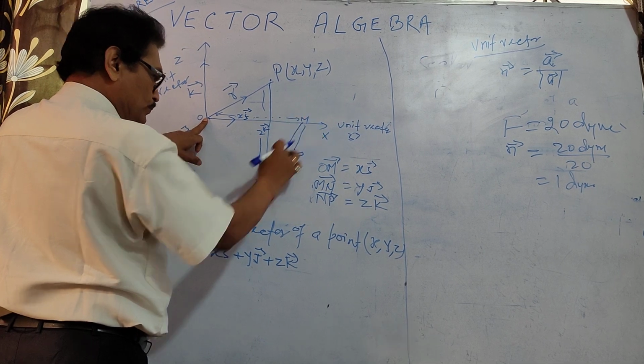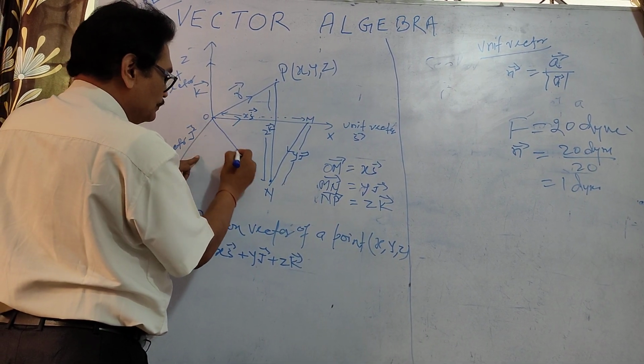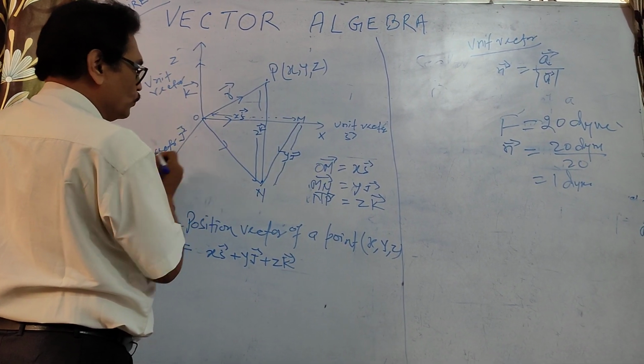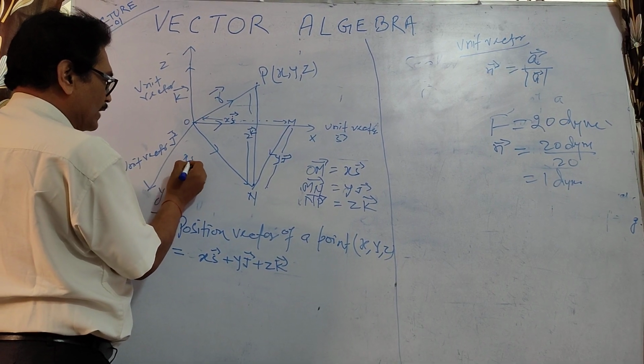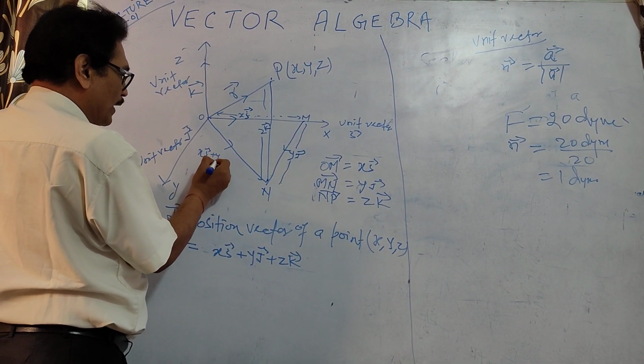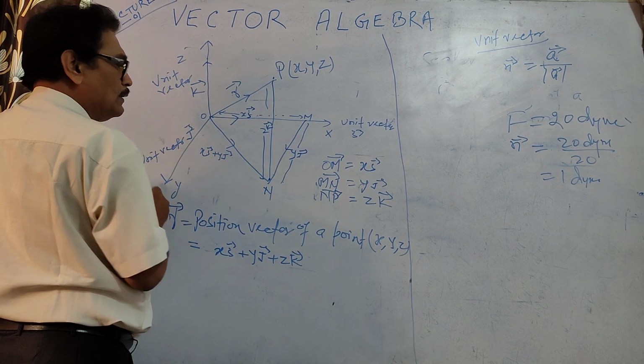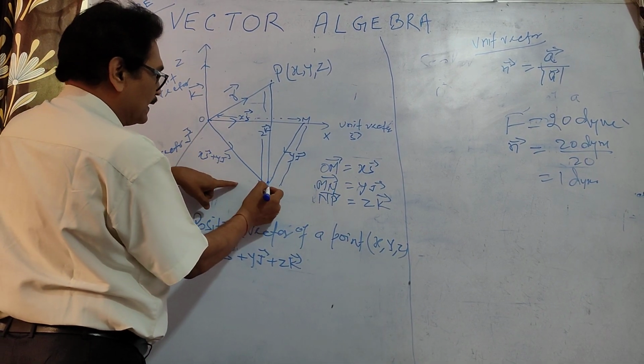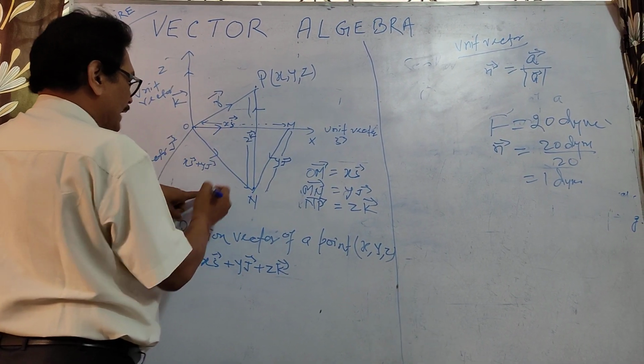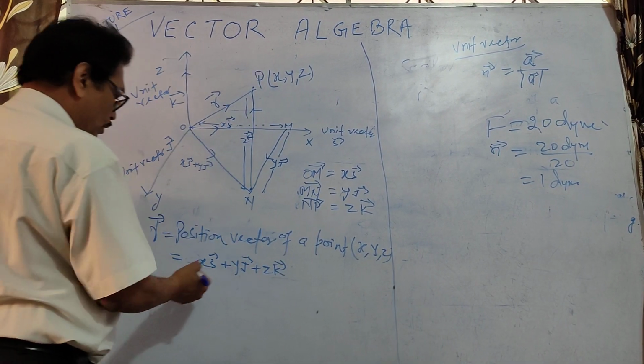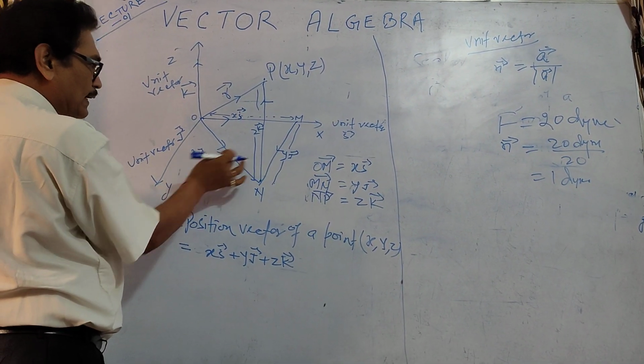Xi plus yj is equal to this one, ON. ON is equal to xi plus yj, and this vector added to this vector, then this r is equal to xi plus yj plus zk.